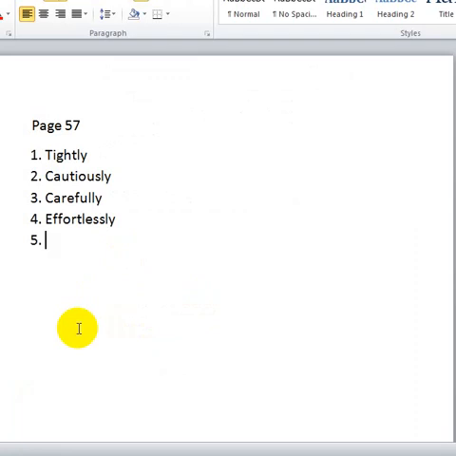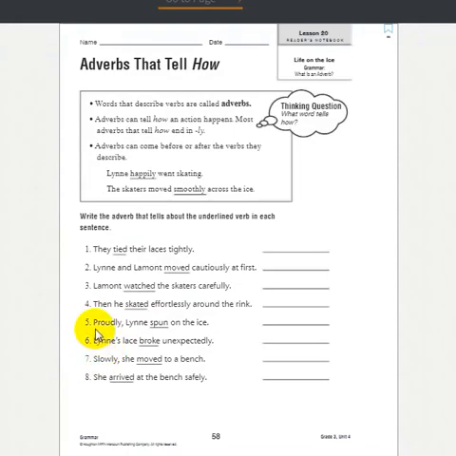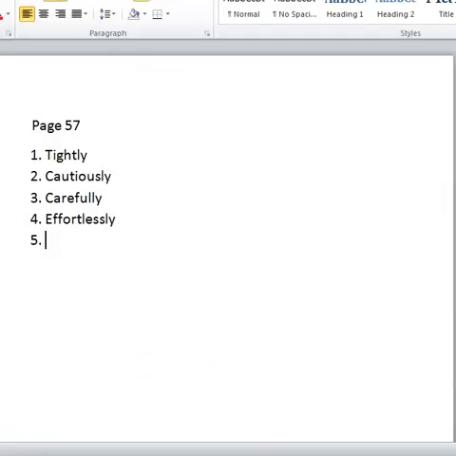Okay, let's go to number 5. Proudly, Lynn spun on the ice. So spun is the verb, and how did she spin? She spun proudly. So the adverb is the word proudly.